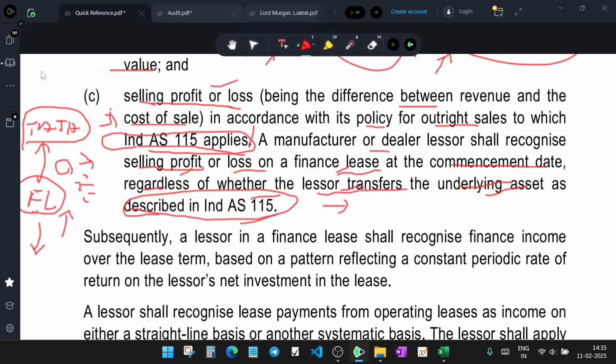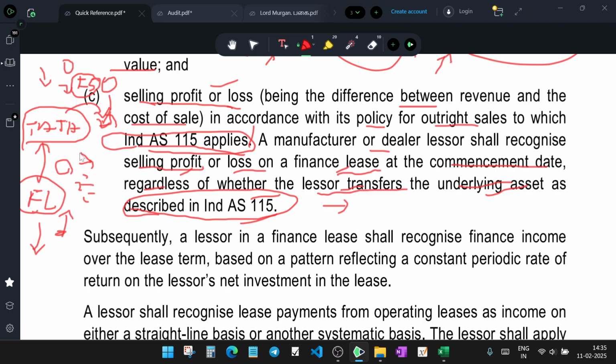Tata sold the asset. The stock in trade became a lease, and it is a finance lease because even though the asset is being transferred, the full right is not being transferred. Tata holds the charge, the lien over the asset, until he makes the final EMI. So from stock in trade, it goes to lease, like an investment, and it goes to receivable.